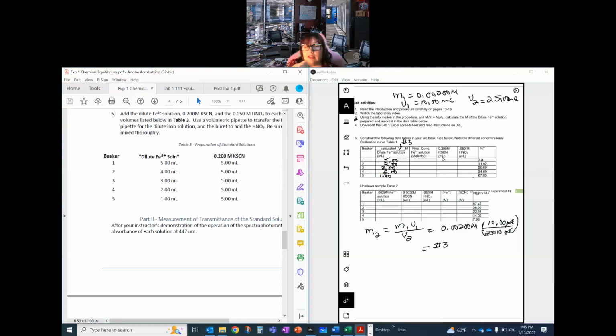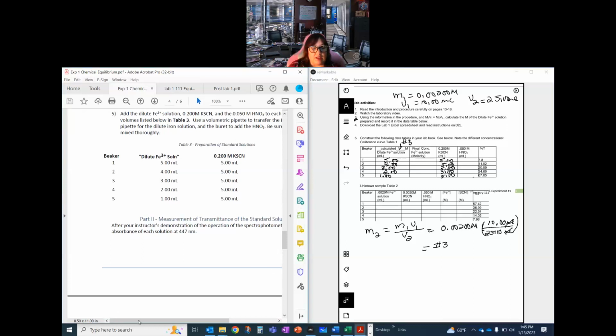Now the next column is the 2 molar KSCN. Well, that's this column right here in the table. It's 5 milliliters for all of them, so I'm going to fill in the 5 milliliters all the way down in this table. Notice I skipped that one in the middle, okay? We're then going to look at the HNO3.